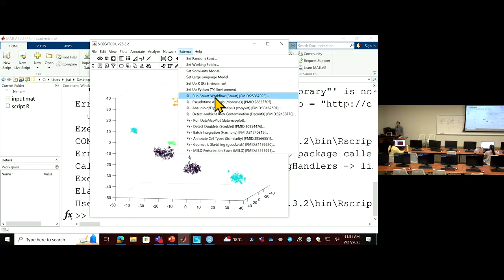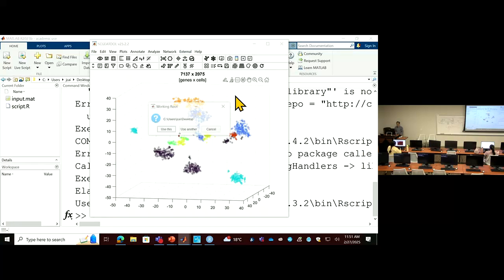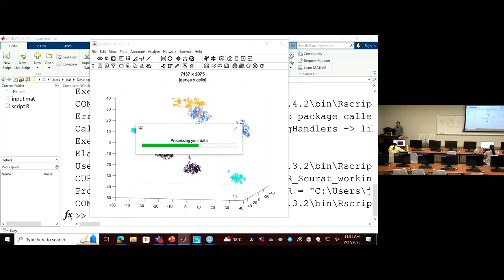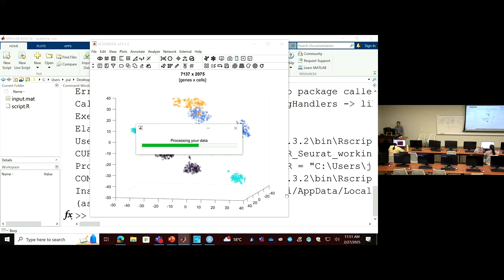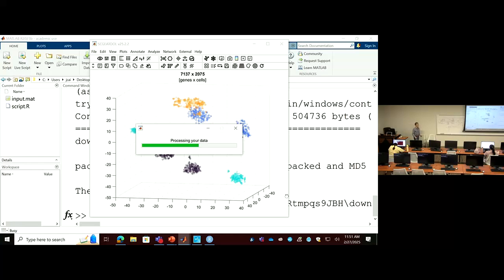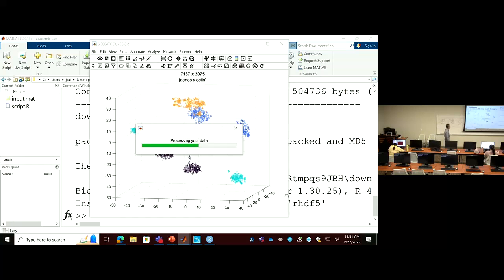So I want to run the Surat workflow. I just installed it, so you should be able to run it now. Which one?